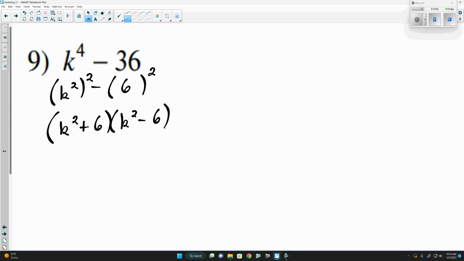For difference of perfect squares, this is as far as it goes, because k squared plus 6 is not a difference. k squared minus 6, well, 6 is not a perfect square. So that's as far as we can take it. Questions on this here?